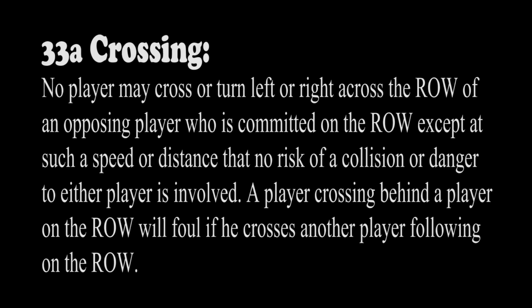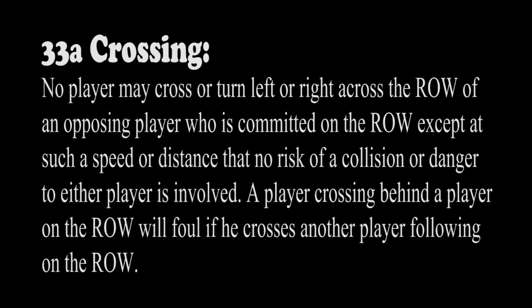33. Crossing. No player may cross or turn left or right across the row of an opposing player who is committed on the row except at such a speed or distance that no risk of a collision or danger to either player is involved. A player crossing behind a player on the row will foul if he crosses another player following on the row.